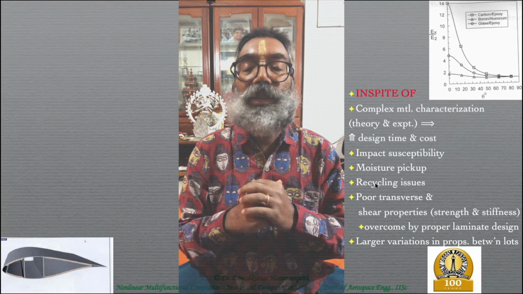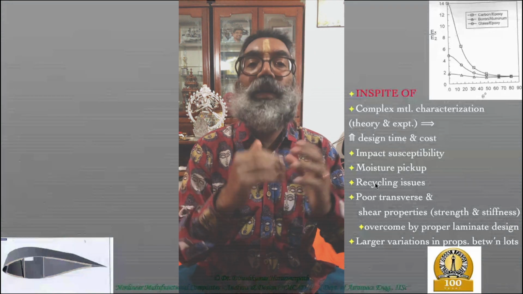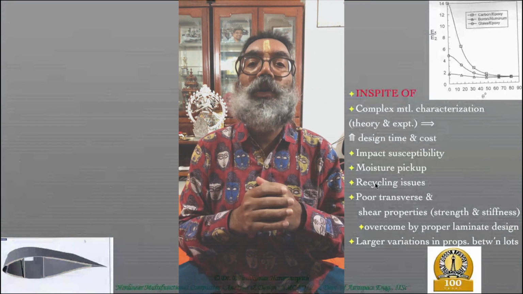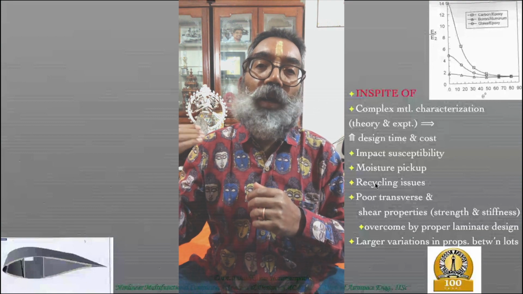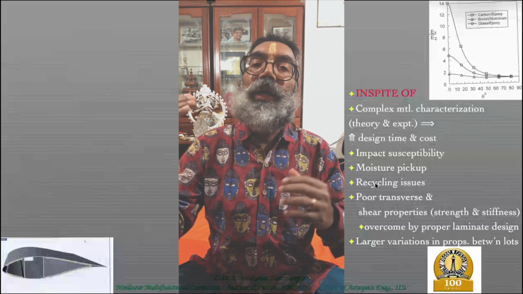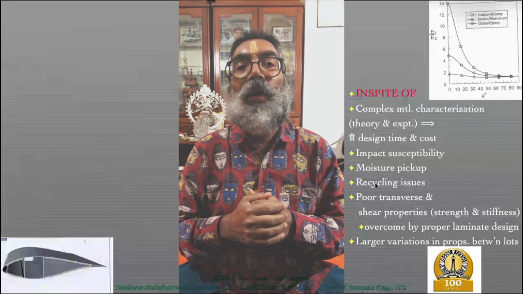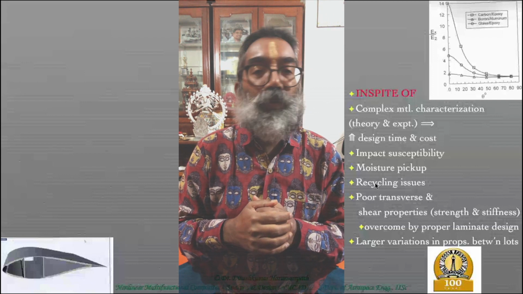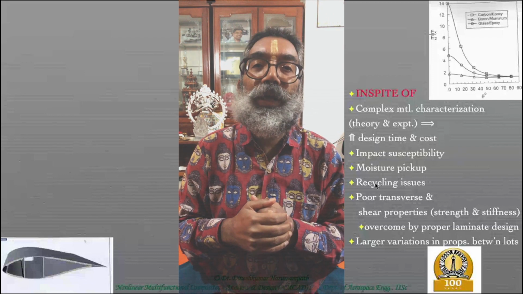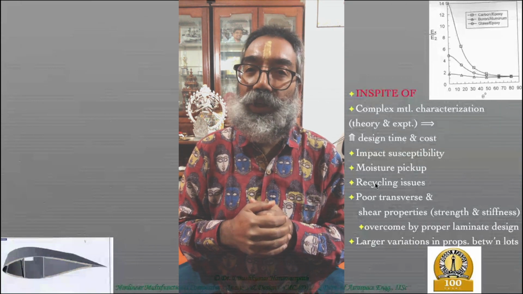So all of these things need to be accounted for. In parallel, the manufacturing technologies are also improving, so that the amount of porosity, that is the void volume fraction, can be reduced in many of the autoclave procedures or vacuum assisted resin transfer molding, etc. When appropriately done, that can largely reduce it.